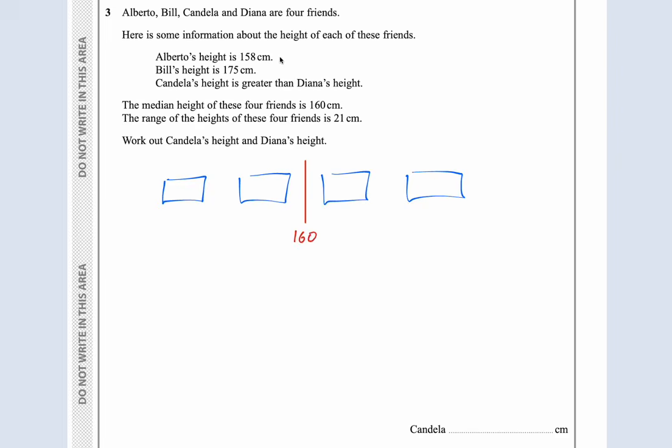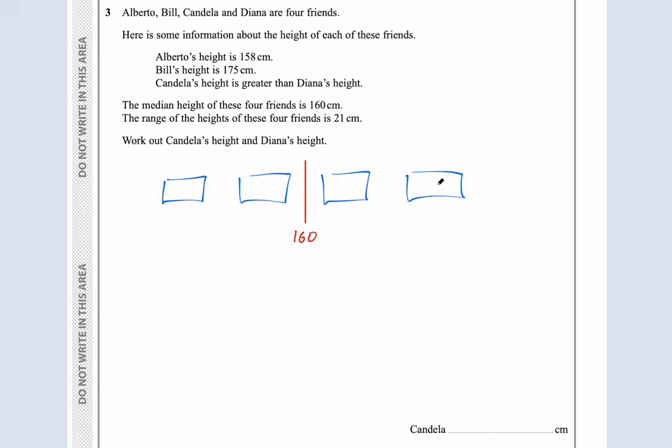Now, the range of the heights is 21. Okay, so that means the biggest minus the smallest is 21. Now, I could kind of just guess a few things, guys, but it says Candela's height is greater than Diana's height. So I am going to put you, Bill, here, I think.